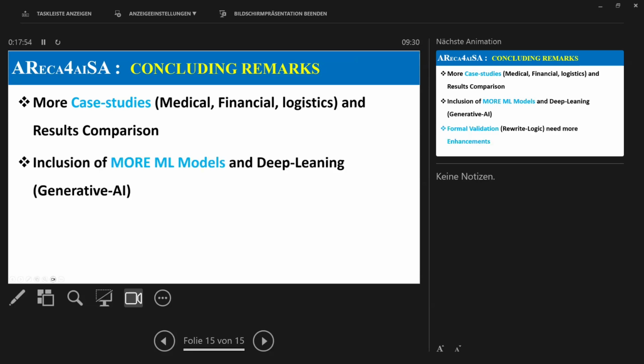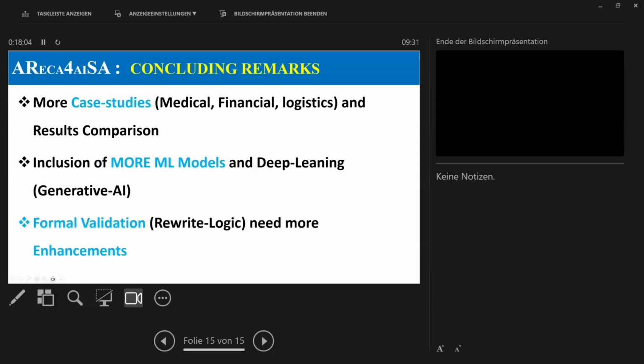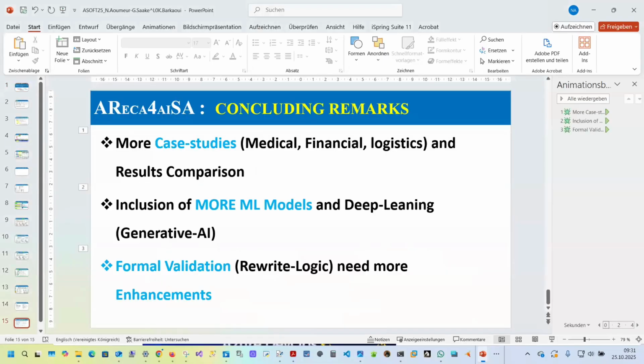We are including more machine learning, especially deep learning, and we are also reviewing the formal validation, how to make it systematic, to get the rules systematically from the web service and validate them. So this wraps up my presentation. Thank you very much.